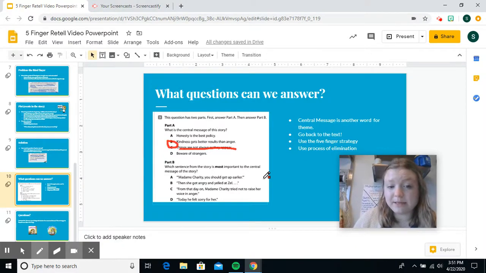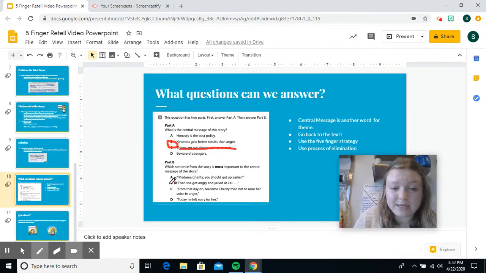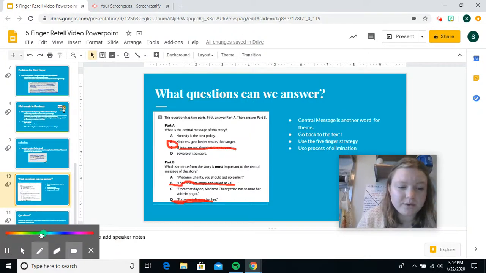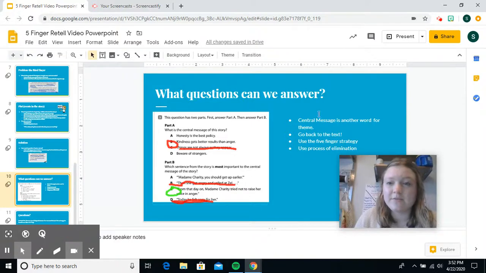Okay, well, I know that the central message is about kindness and about how Madame Charity was not in anger anymore. So she was not angry. So I don't think that it's B, because that's about being angry. And I don't think it's about anyone feeling sorry for anyone. That one doesn't make sense to the central message or the theme. So I think that the correct answer that is most important to the central message is going to be C. From that day on, Madame Charity tried not to raise her voice in anger. I think that is the correct one for that one.